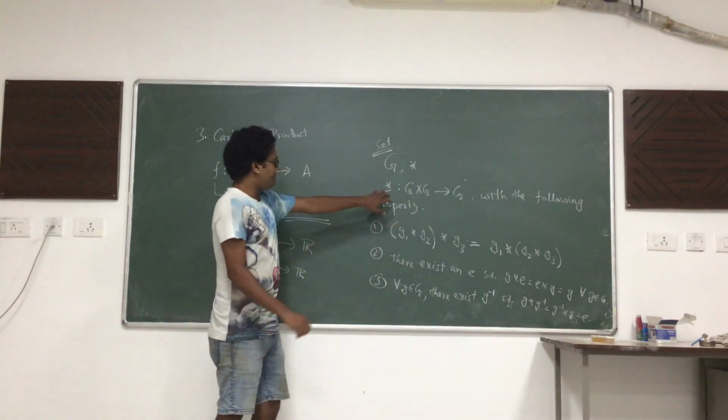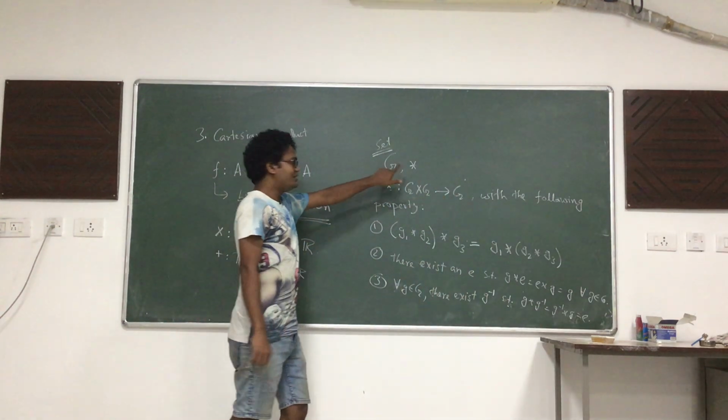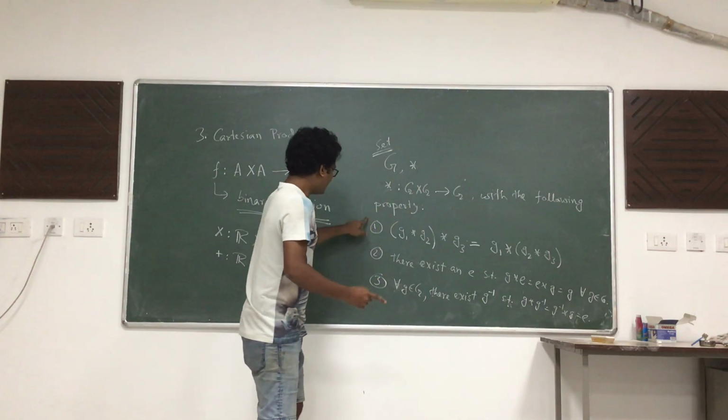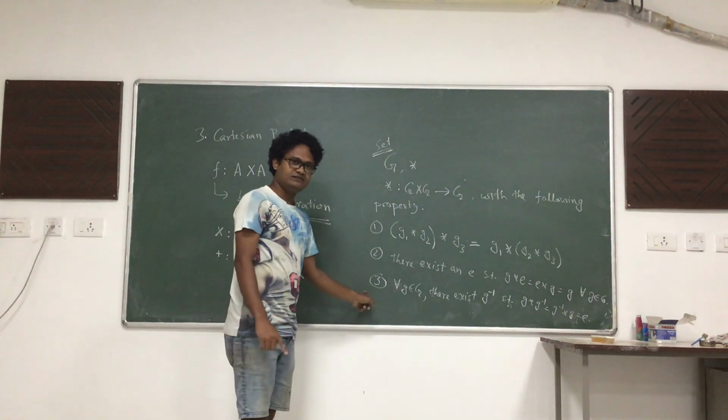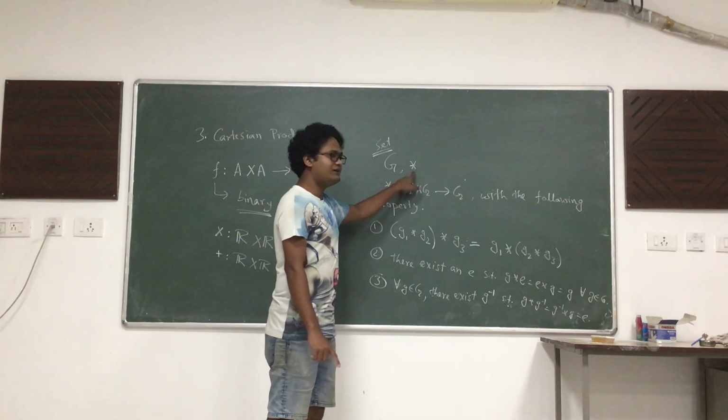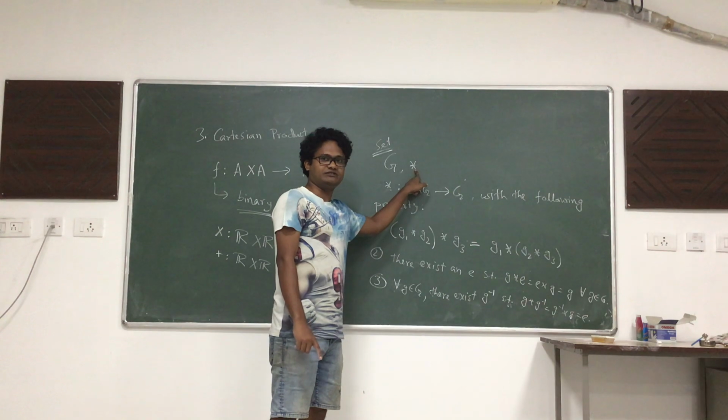Okay. So if I have a set equipped with a binary operation, and the binary operation is such that it satisfies all these three properties, then G will be called a group, and the group multiplication is this binary operation. Okay.